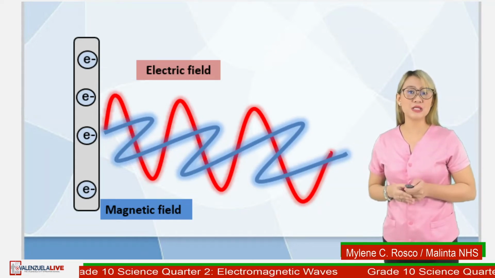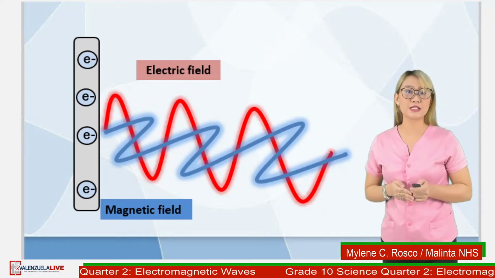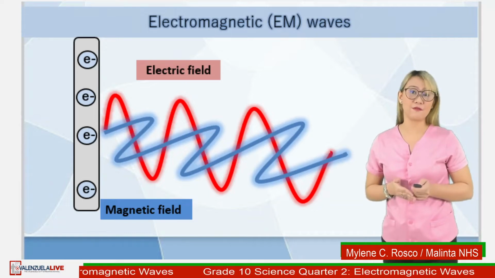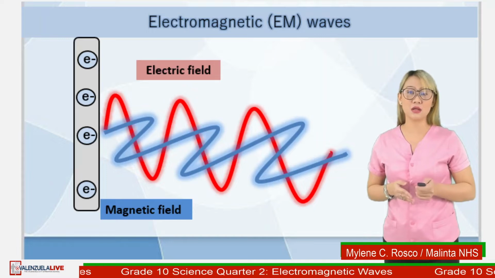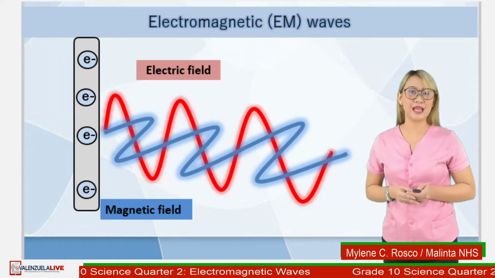Thus, a changing electric field induces a magnetic field and vice versa. Therefore, electromagnetic waves or EM waves are waves that are created as a result of vibration between an electric field and a magnetic field.